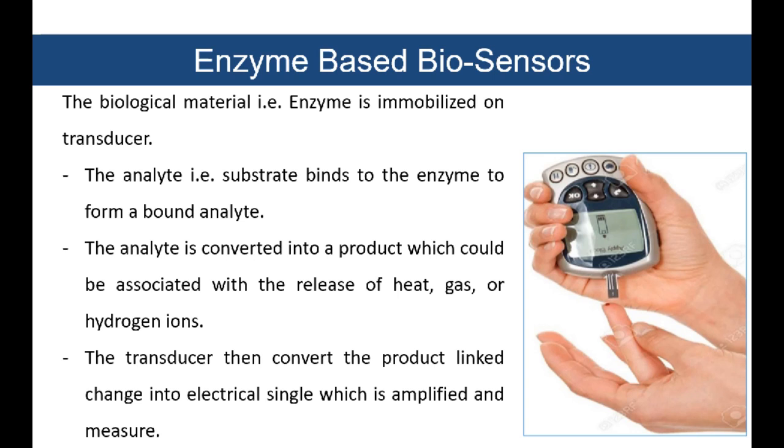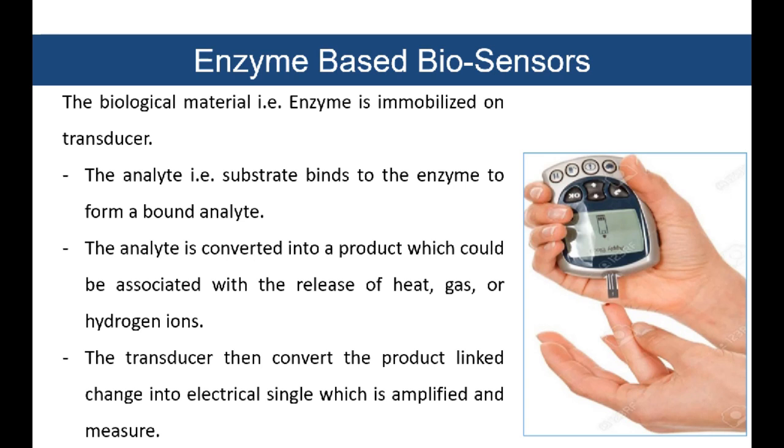On the right side we can clearly see the diagram representation of that. An individual taking the blood glucose test is adding blood to the strip. It is one of the examples of an enzyme-based biosensor.